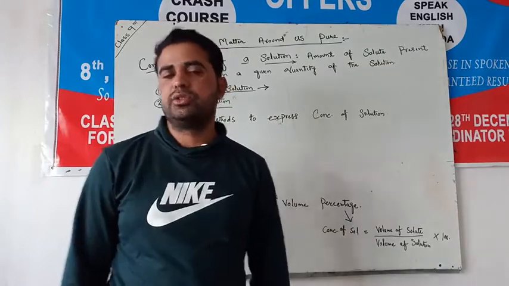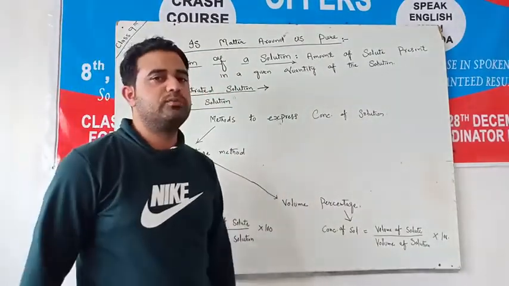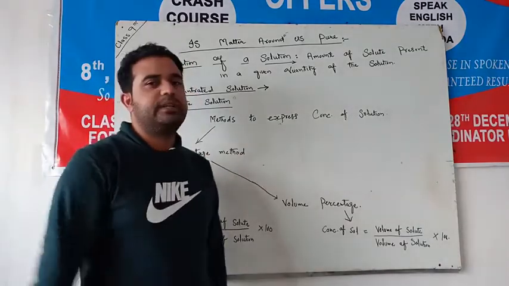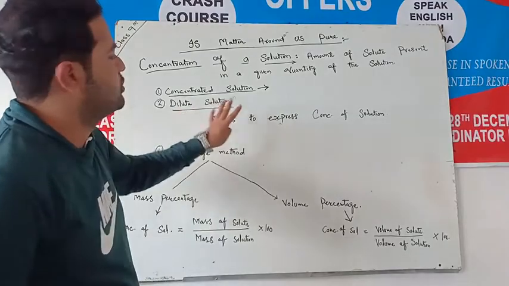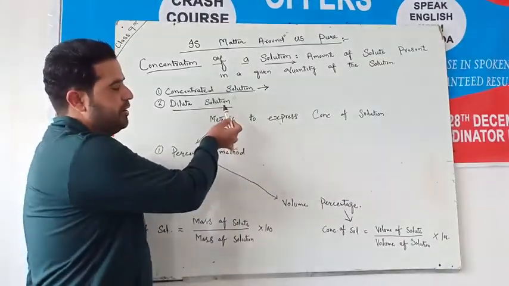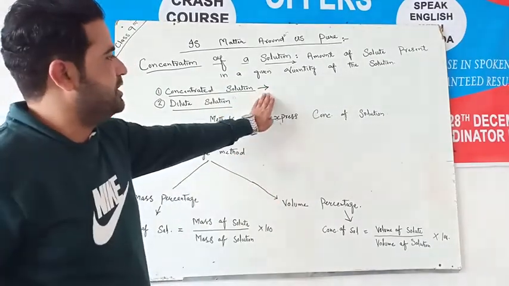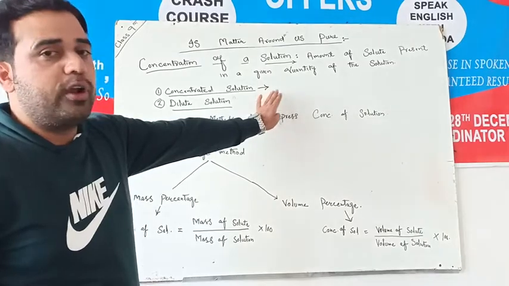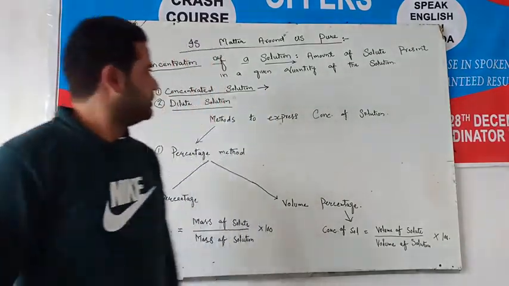A dilute solution is the solution in which the percentage or amount of solute is less, whereas the percentage of solvent is more. In a concentrated solution, the percentage of solute is more, whereas the percentage of solvent is less.